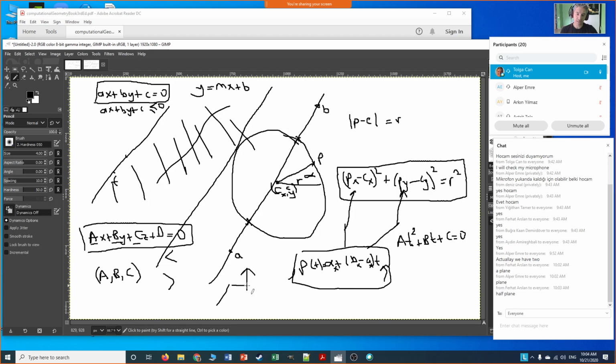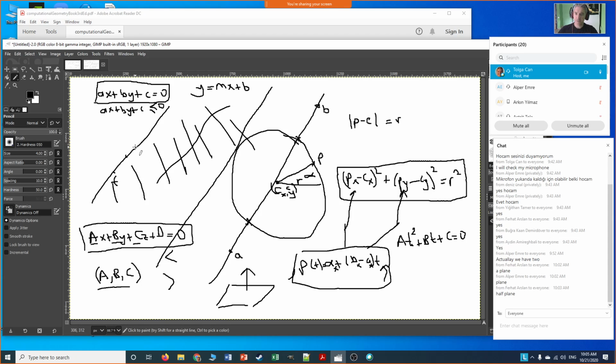So if I have a plane like this, for example, in 3D, the normal vector, which is a vector orthogonal to the plane, can be obtained by taking the coefficients of x, y, z. So the normal vectors we can get easily. We are going to talk about them in chapter 3 again.